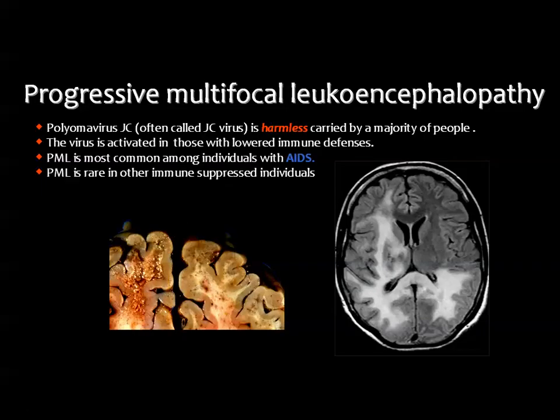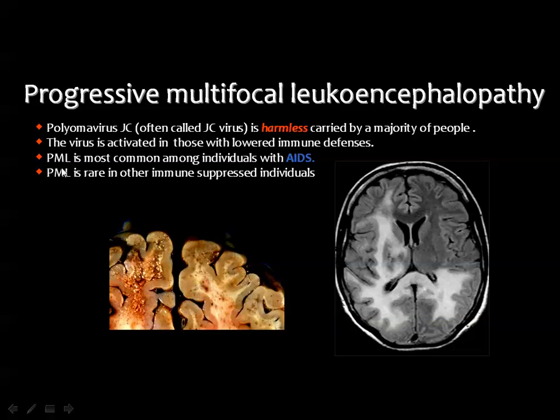Then we came to a lesion which is almost confined to patients with AIDS, and this is the progressive multifocal leukoencephalopathy. And this is caused by one of the viruses which is carried by a majority of the people. This virus is activated when the immune defenses are lowered.